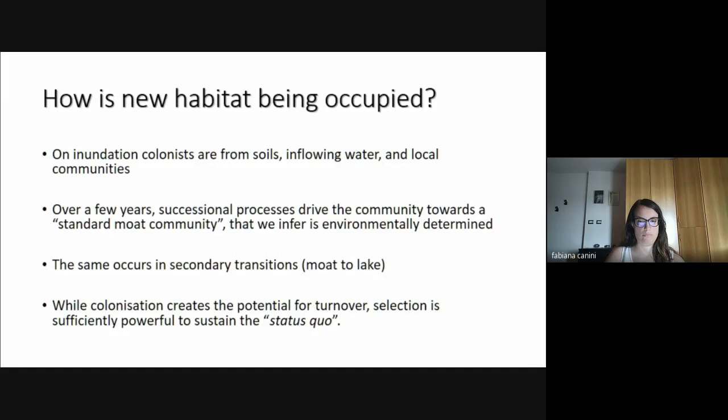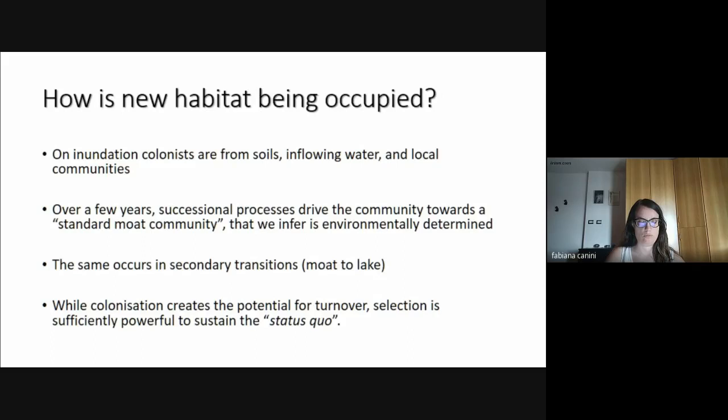We have the existing moat community, which is potentially able to provide resident organisms to carry on colonization of the moat community as it slowly increases. It's increasing at around 30 centimeters a year, so it's not a huge demand for transfer of organisms.